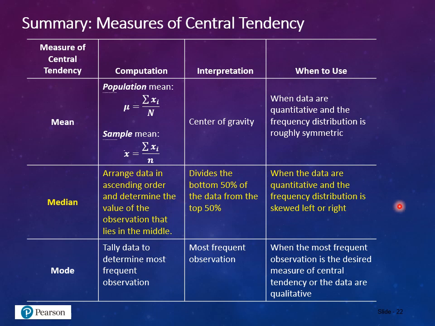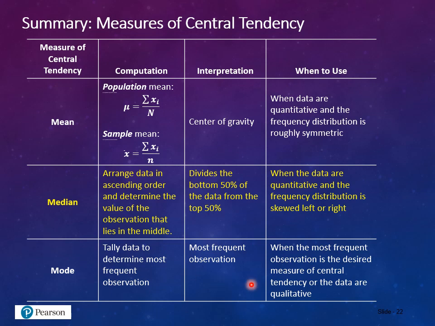Okay? We use this when the data is quantitative and the frequency distribution is skewed left or skewed right. And finally, we look at the mode. The mode is what we just did, and this is just looking at all the answers and seeing which response is used most frequently.